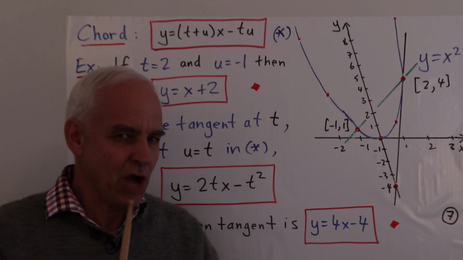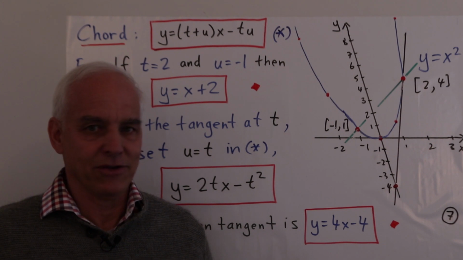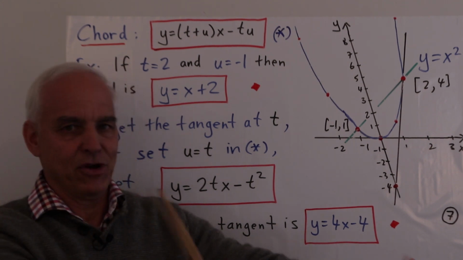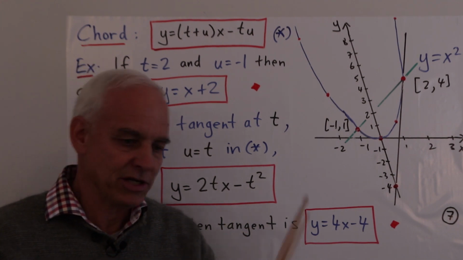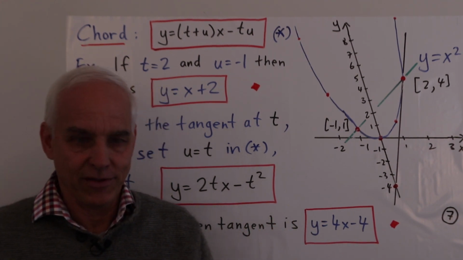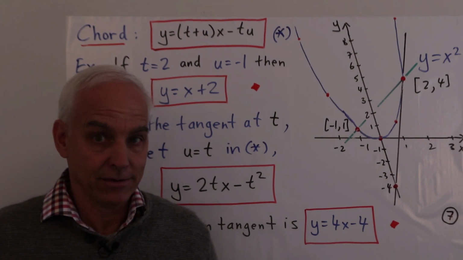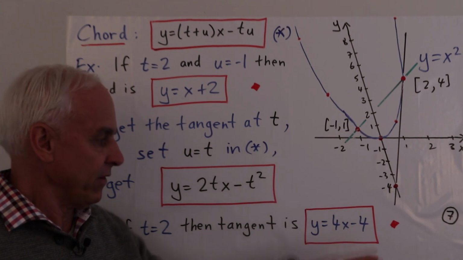But notice that we're not relying on any prior theory of derivatives here. Okay, we haven't gotten there yet. This is just pure algebra, just exploiting what we know about joins of points and then setting u equal to t. And we get more than the derivative, even if you know what that means.